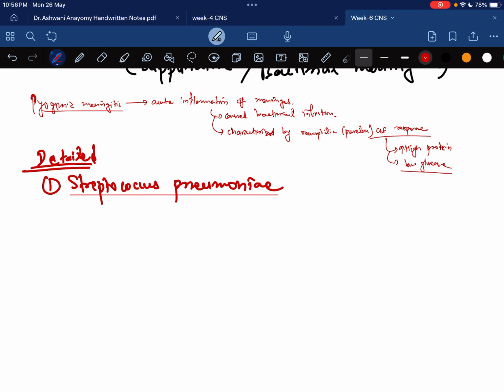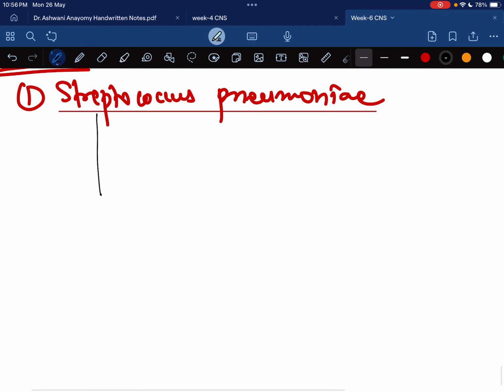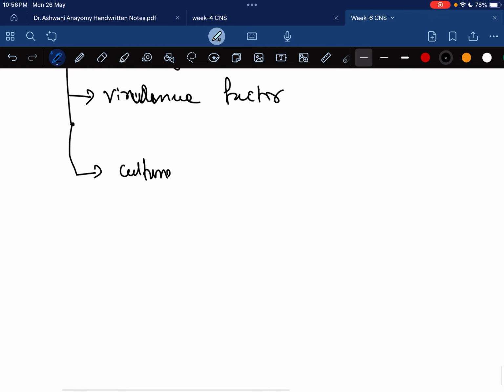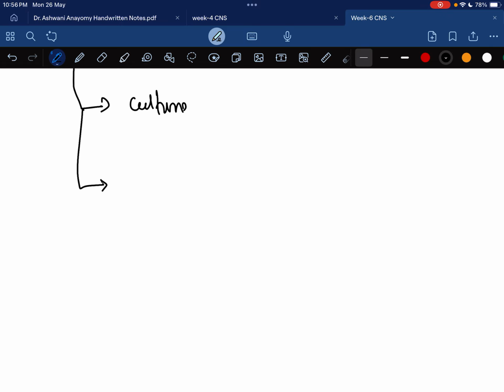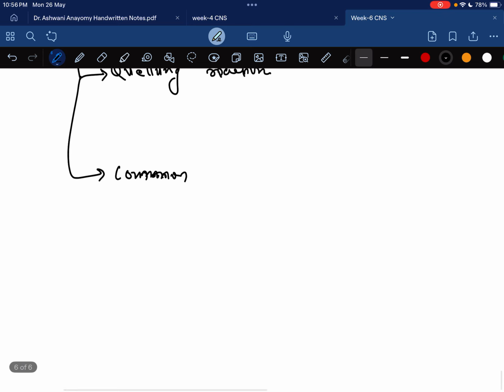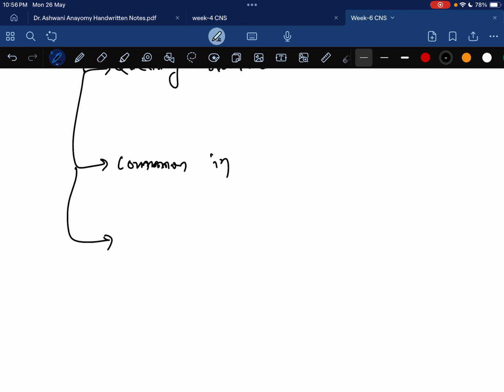Regarding Streptococcus pneumoniae, first we discuss morphology, then virulence factor, then culture, then Quellung reaction, then which age group or type of patient it is common in, and then whether a vaccine is available or not.